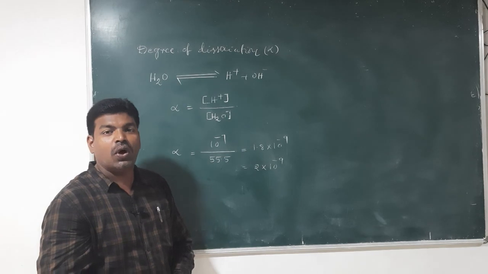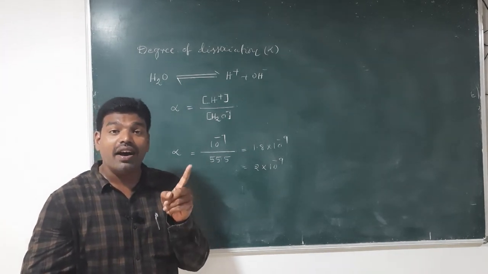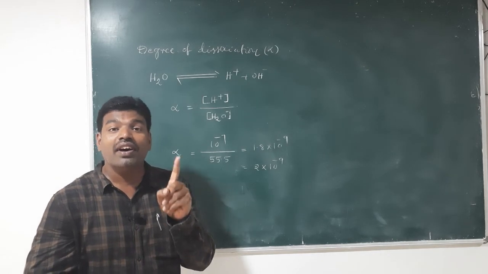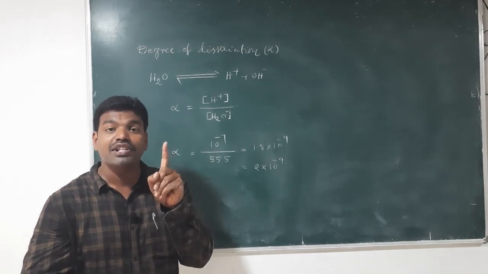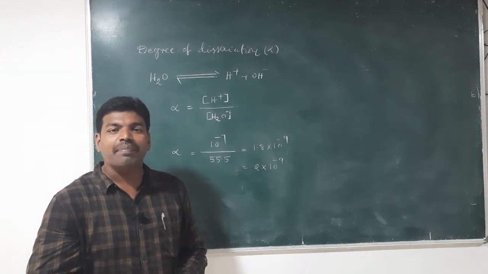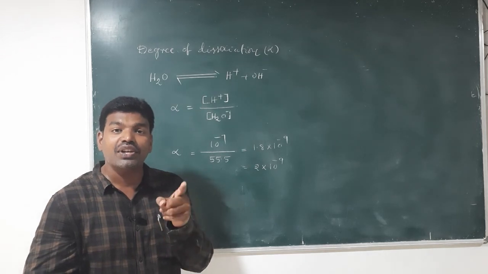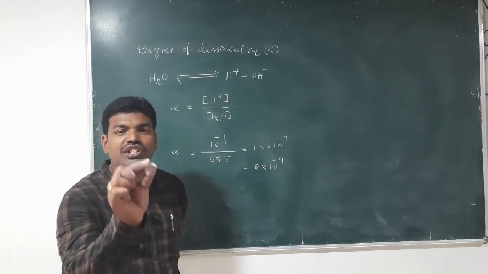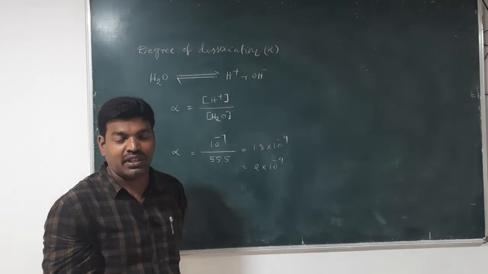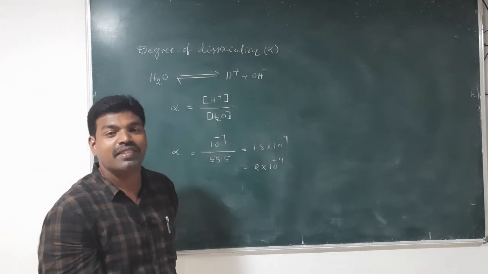So what I want to say is that alpha is a measure for the extent of dissociation. Let us understand this degree of dissociation with simple numerical values. This is for your understanding only, right?